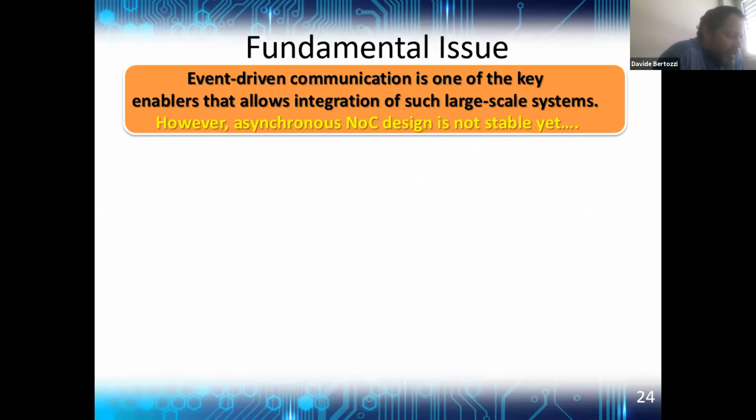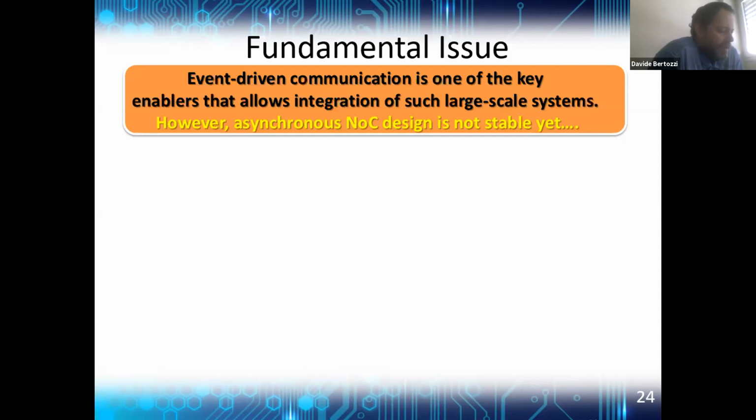While I was reviewing all the material, and this started in the past year since the big brain chips started to come out, I had the clear impression that, to use an analogy, we were building a skyscraper, that is the neuromorphic system, without caring too much about the foundations. And the foundation is the asynchronous network on chip.